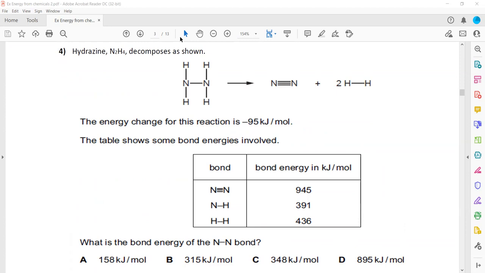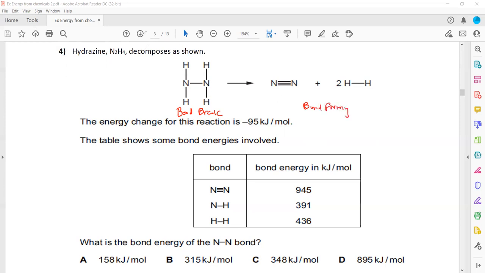So how we can work out this, how we can find the bond energy, it's the same way as we know: whenever a chemical reaction occurs, the reactant side is a bond breaking side and the product side is a bond forming.